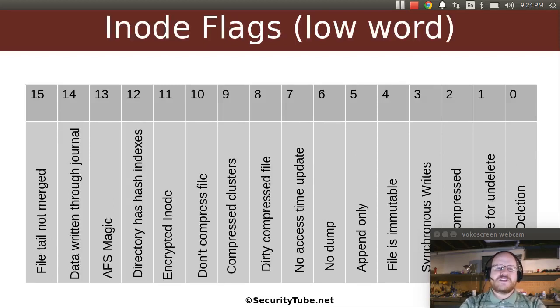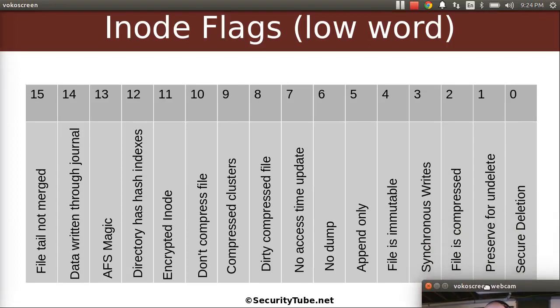Other things in the inode, we have flags. And we have lots of them. We have 32 bits of them. If we look at the low word for the flags, at first we have a secure deletion flag, which says if you delete this file, shred it, wipe it, don't just say the space is available. We have a preserve for undelete, so it's kind of an opposite flag. We have a flag to say this file is compressed. We have a synchronous writes flag.